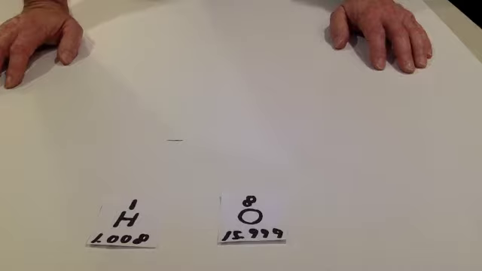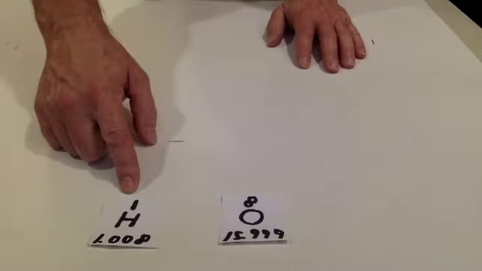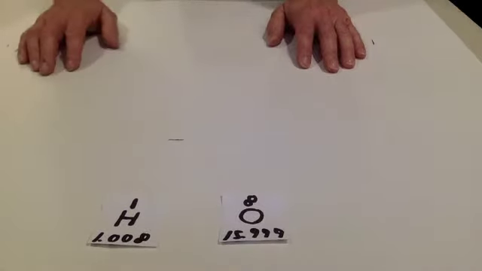Because we're calling this an atom and not an ion, this hydrogen has no charge, so the number of electrons must equal the number of protons. So therefore, the hydrogen atom also has 1 electron.